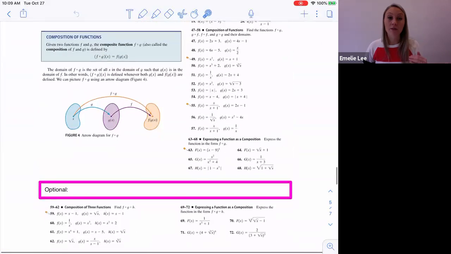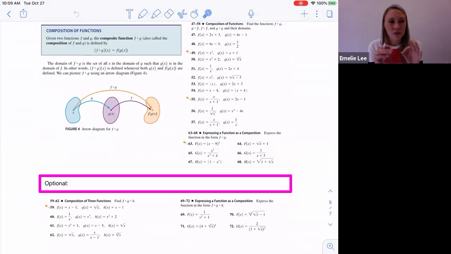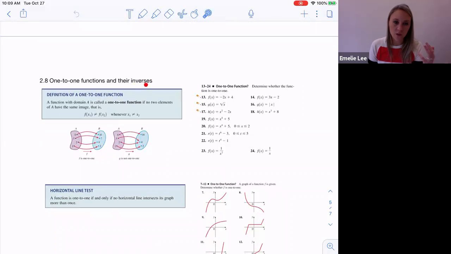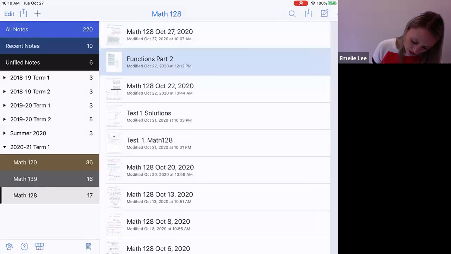So that's 2.7. Don't worry, we're going to keep going with function composition in 2.8, because it actually plays a big role in one-to-one and inverse functions. So now we're going to talk about inverses. All right, so first things first.